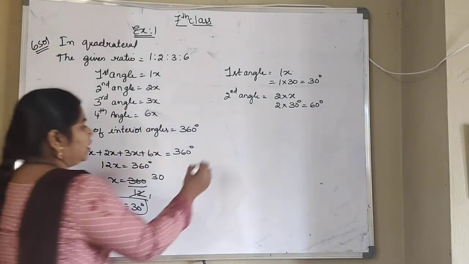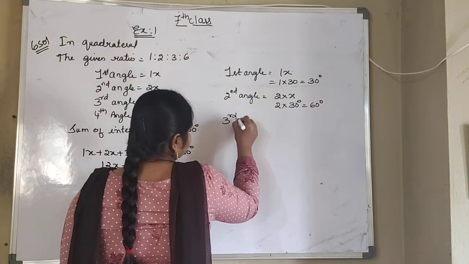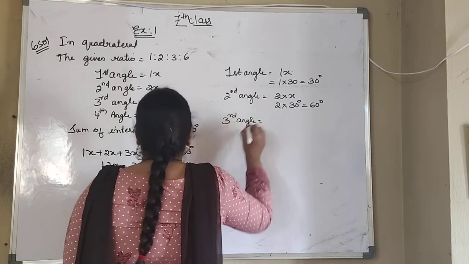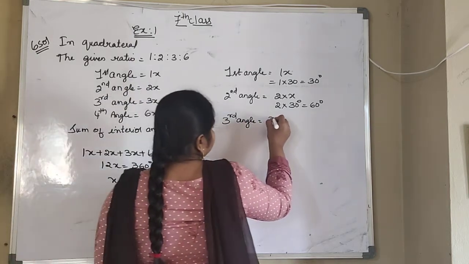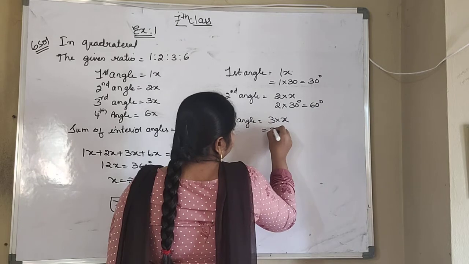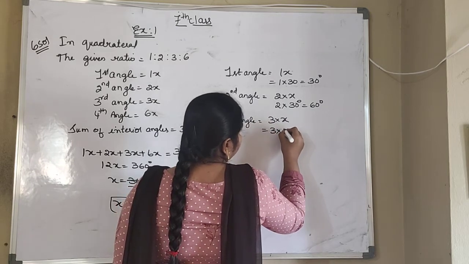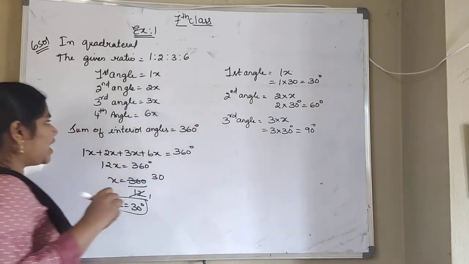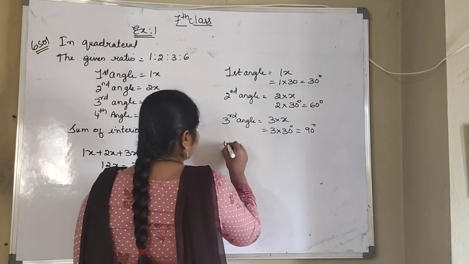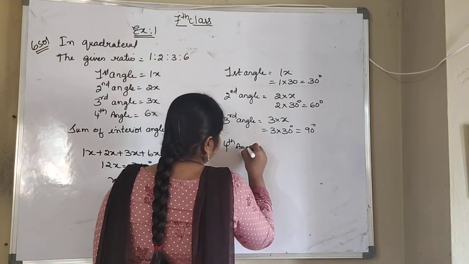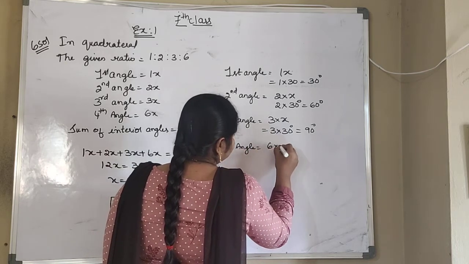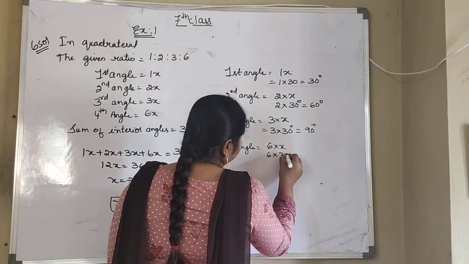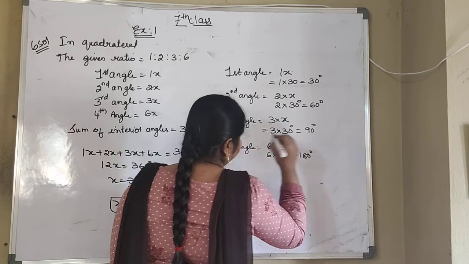Next, the third angle is 3 into x, which is 3 into 30, equal to 90 degrees. Next, the last angle is 6x. The fourth angle is 6 into 30, equal to 180 degrees.